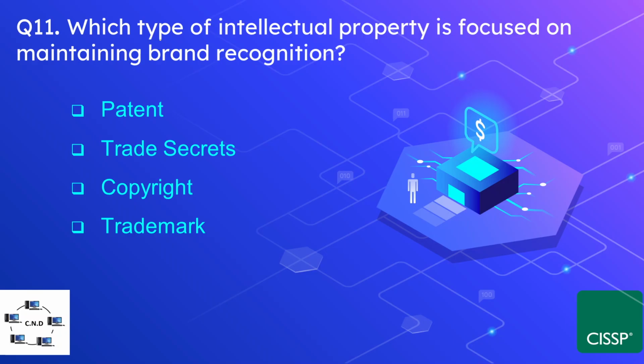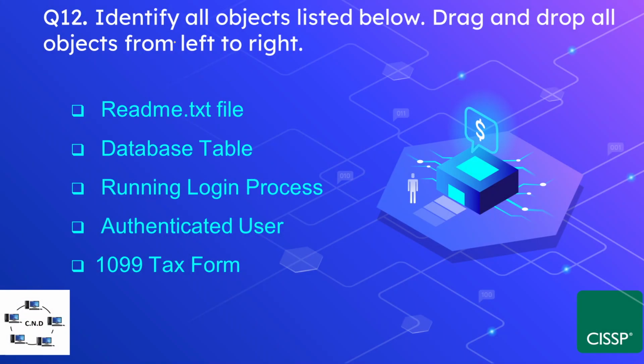Question number 11 is: which type of intellectual property is focused on maintaining brand recognition? The options are patent, trade secrets, copyright, and trademark. And the correct option is trademark.